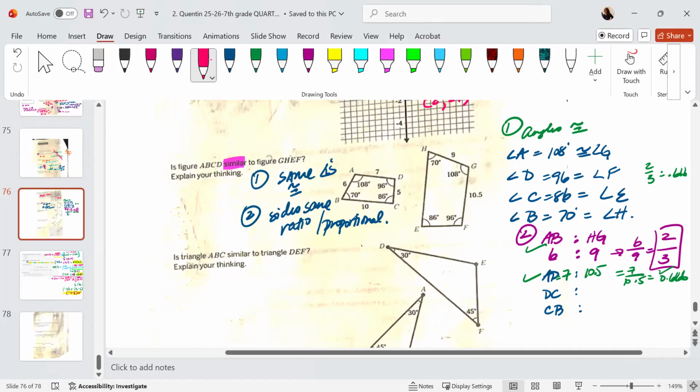DC. What is DC? Does she not have a number here? That's strange. You might want to put a question there and ask her about that, because you can't finish a question without having those numbers.